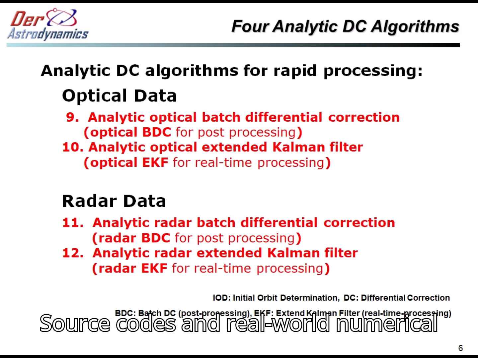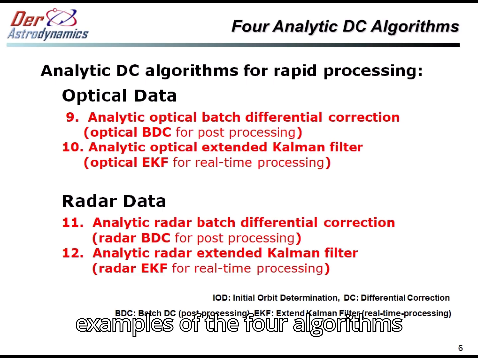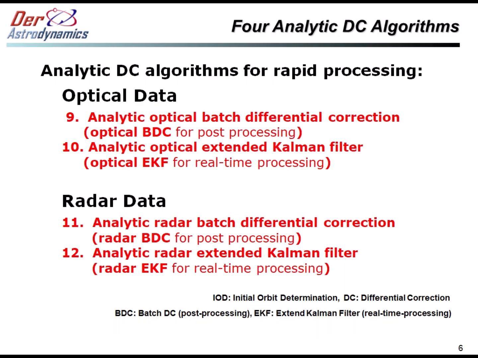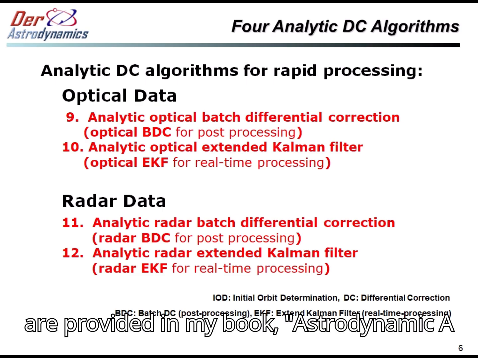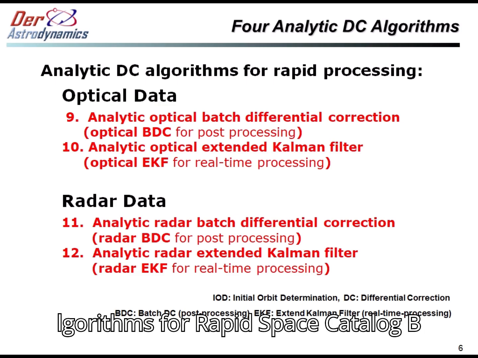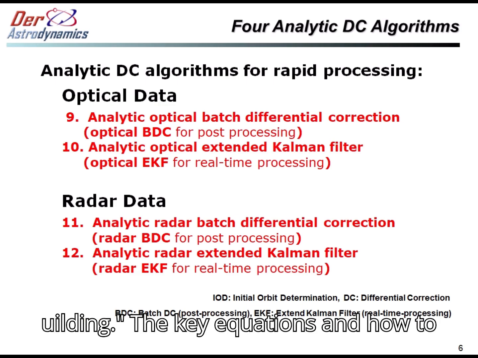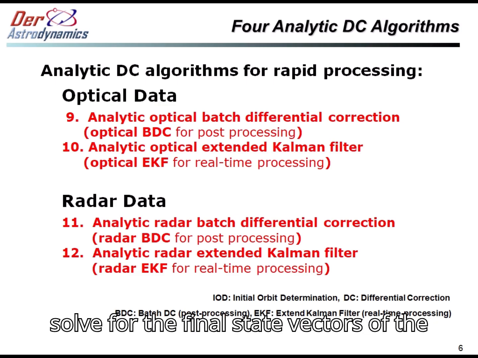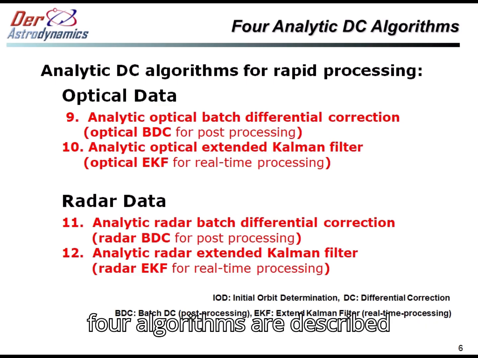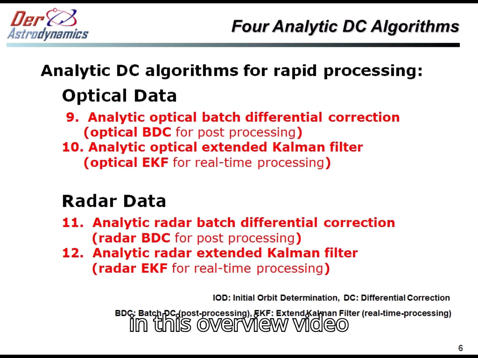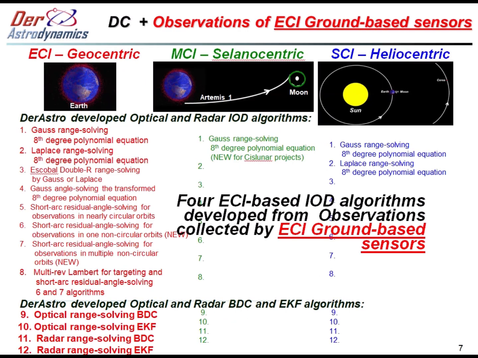Source codes and real-world numerical examples of the 4 algorithms are provided in my book, Astrodynamic Algorithms for Rapid Space Catalog Building. The key equations and how to solve for the final state vectors of the 4 algorithms are described in this overview video and the optical and radar DC videos in various details.